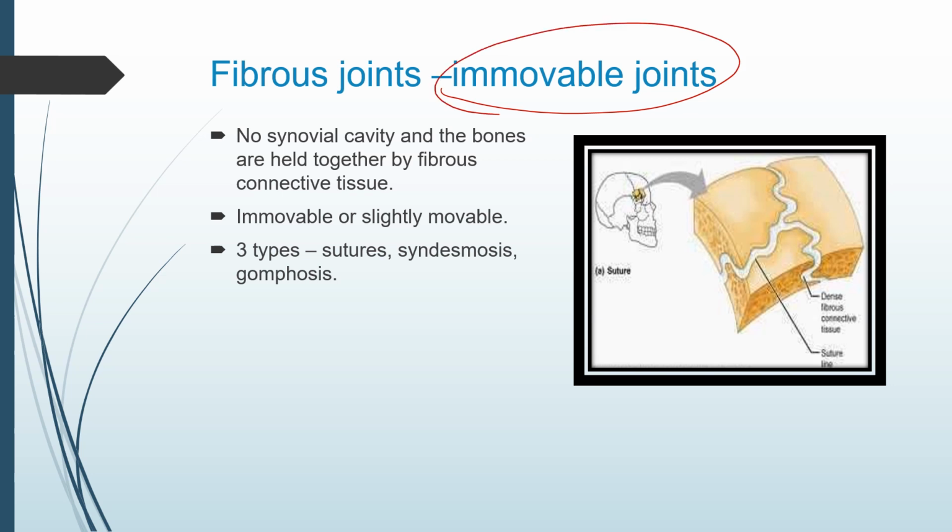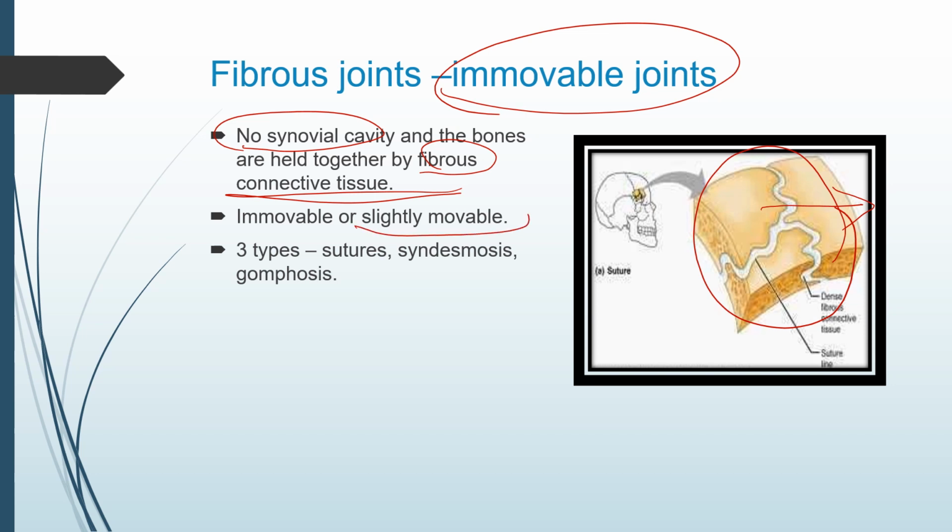Now there is no synovial cavity in this type of joint. Let us refer to this diagram. I think you can recall in the previous video also, we have discussed this one. This is the suture which is present in the skull. The bones are held together by the fibrous connective tissue. They are immovable or very slightly movable.